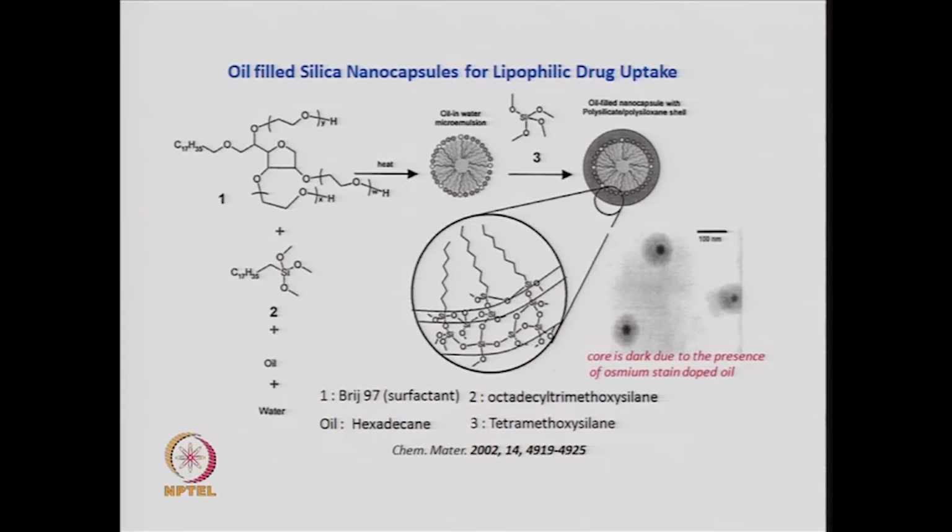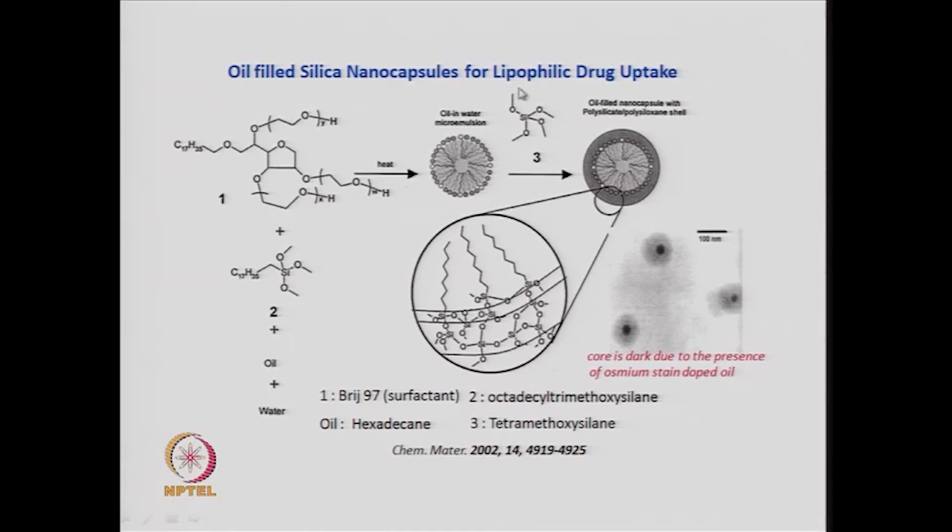Now, you can also make oil filled silica nanocapsules for taking drugs or medicine which are lipophilic, which means they like the oil phase. Lipophilic means, philic means something which likes, lipo means oil.